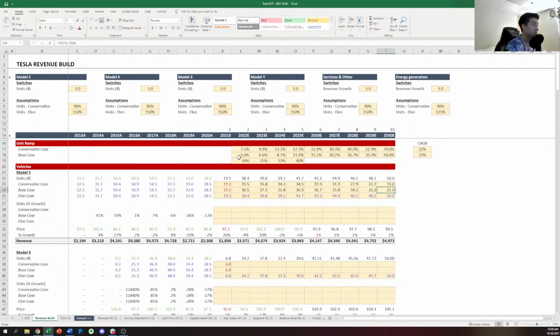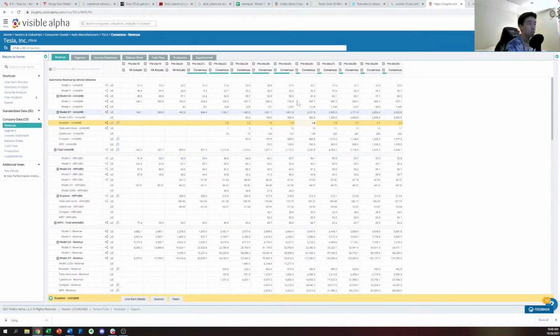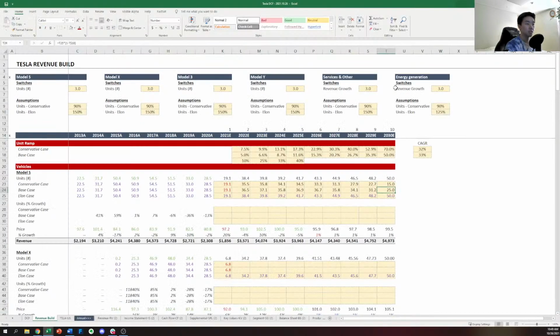What does Street think? 2030 for a Model S units is 33.6K. Oh man, do we have to make a ramp for every single one? Okay. $15.25.